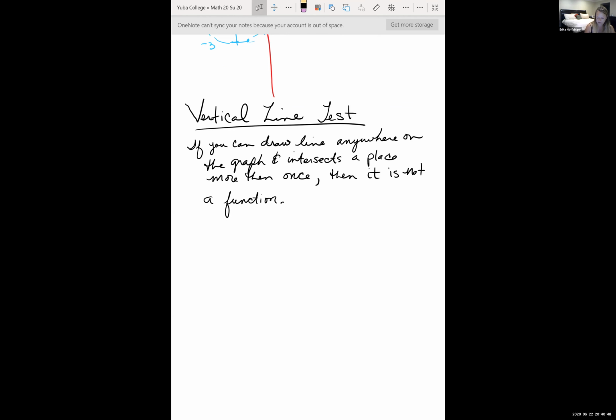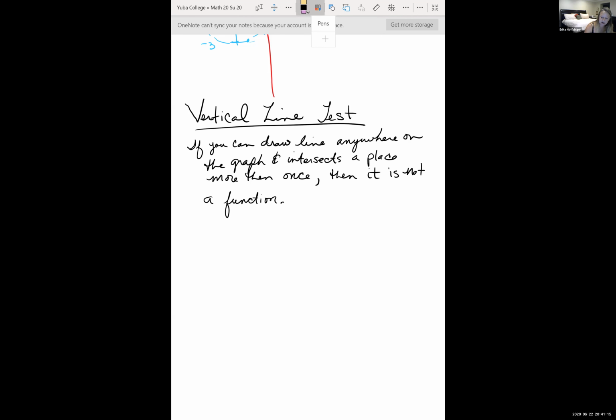Okay, so if they ask you to find the domain, just do this. Domain again is all the x values that you can use.